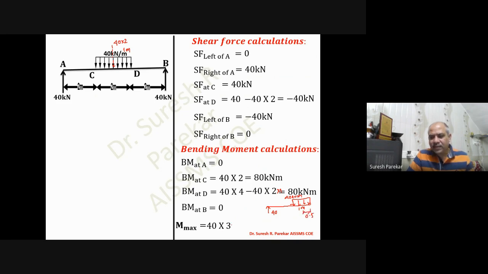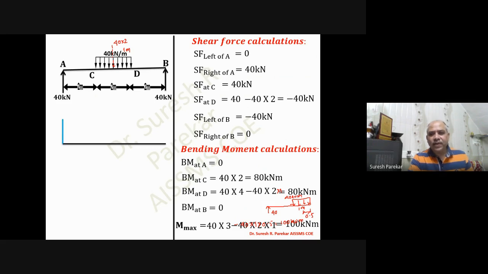Then we have 40 into 3 minus 40 into 1 into 0.5, and it comes to 100 kilonewton meter. So we have this as 100 kilonewton meter. Then we will plot it.